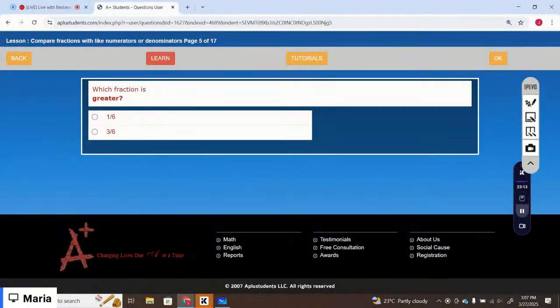Which fraction is less? 1 by 6, 3 by 6. Which is the correct option?